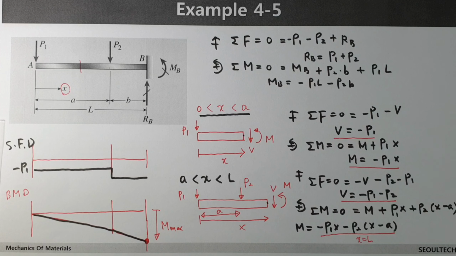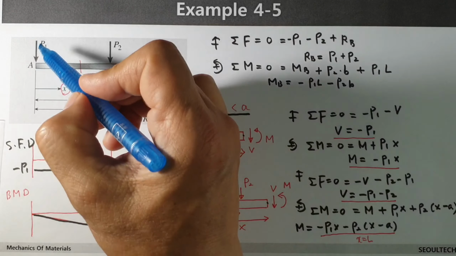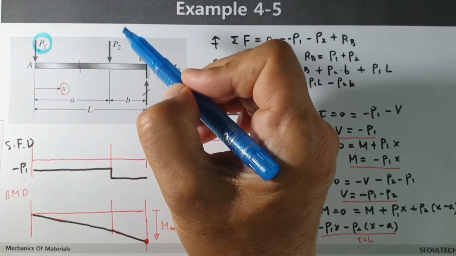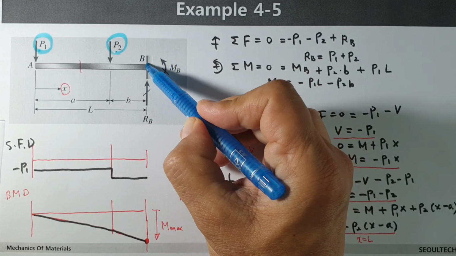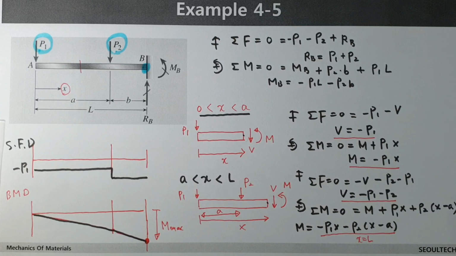I would like to summarize this example again. This example is related to a cantilever beam. In the cantilever beam, we have a concentrated force like this one, and it is supported here.